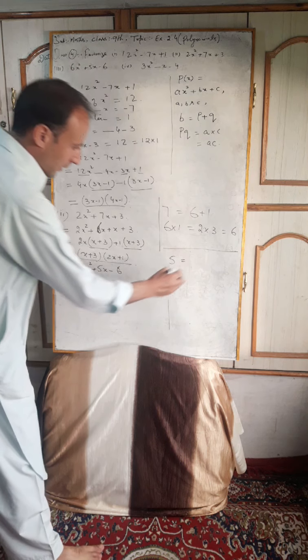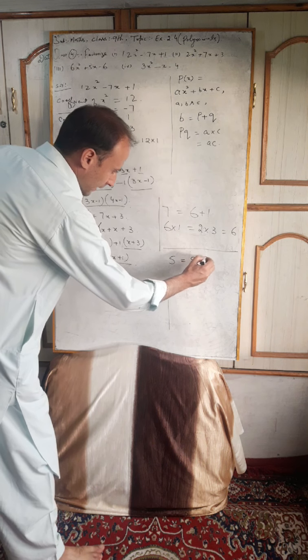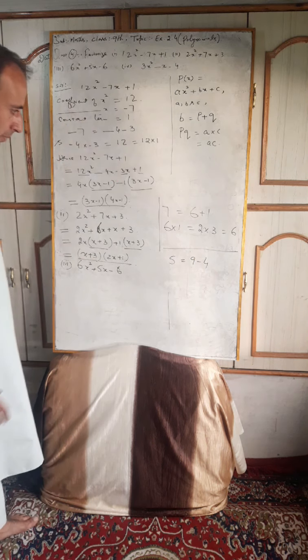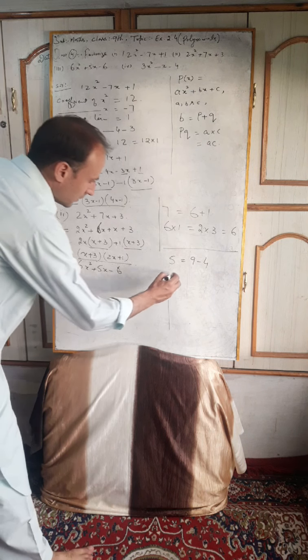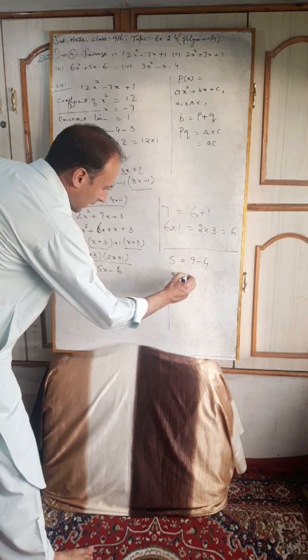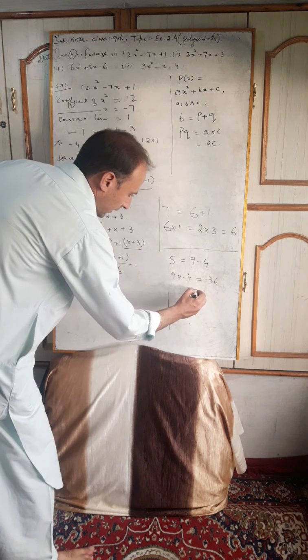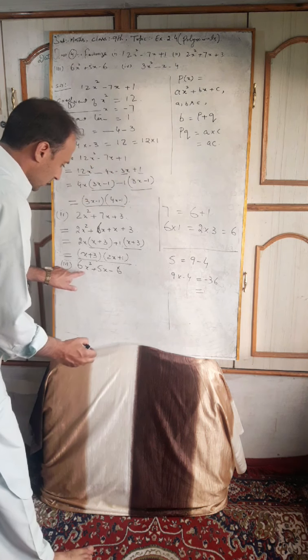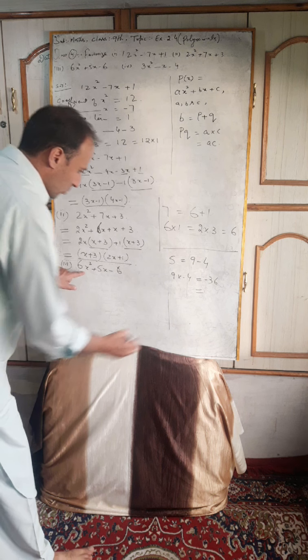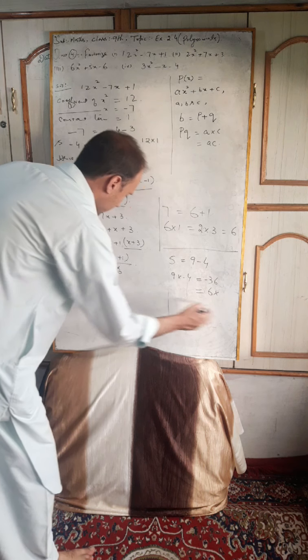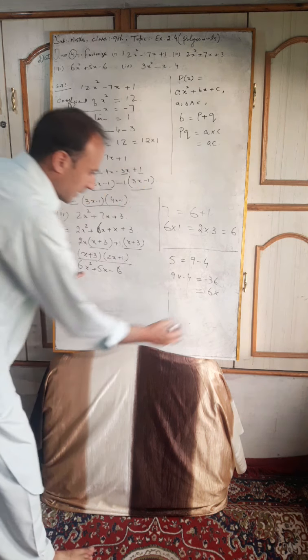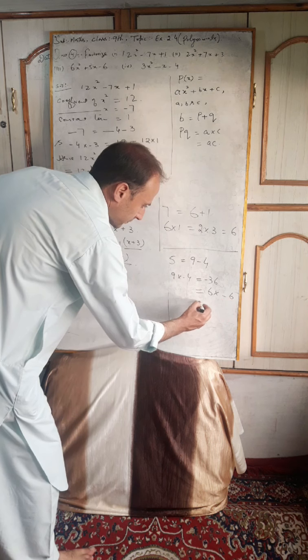Here 5 is 9 minus 4, because when we multiply 9 into minus 4, we will get minus 36, and obviously it is equal to the product of the coefficient of x square, that is 6, and the constant term, that is minus 6.